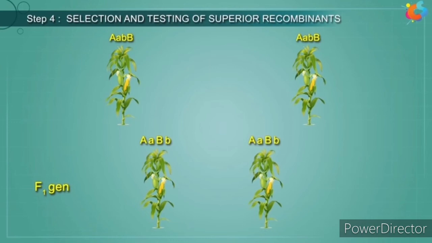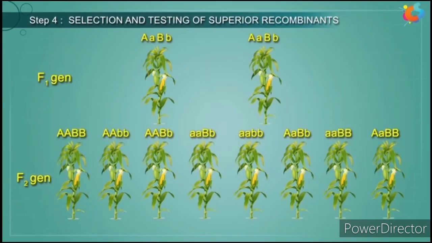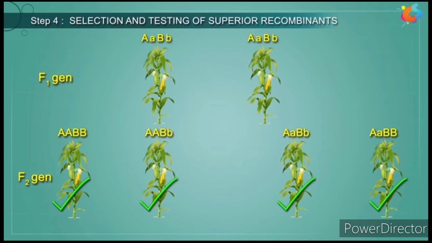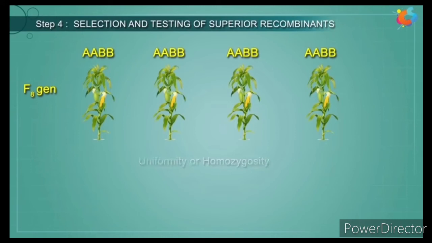This step yields plants that are superior to both of the parents. Very often, more than one superior progeny plant may become available. These are self-pollinated for several generations till they reach a state of uniformity or homozygosity, so that the characters will not segregate in the progeny.